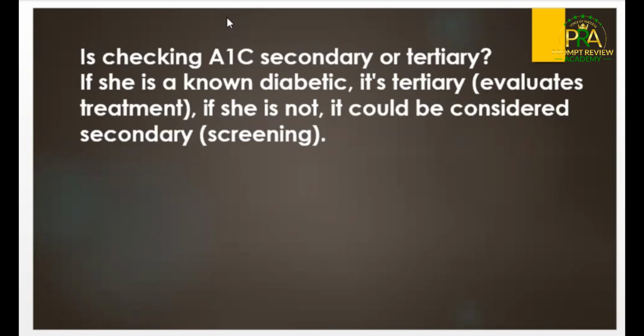Aspirin can be primary, aspirin can be tertiary. Primary, before they have a stroke, you want to prevent them from having a stroke. Then tertiary, they already have a stroke, post-MI, you are giving them aspirin. So please, for primary, secondary, and tertiary prevention care, you have to pay attention to just know what they are asking about.